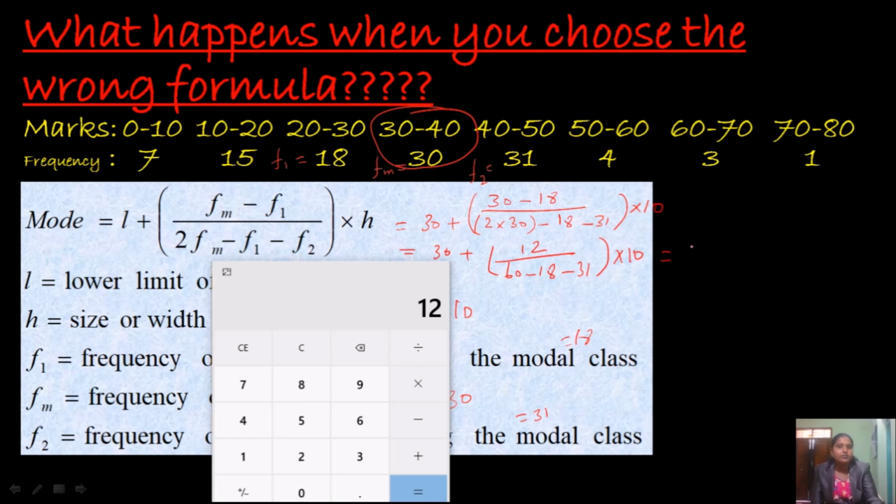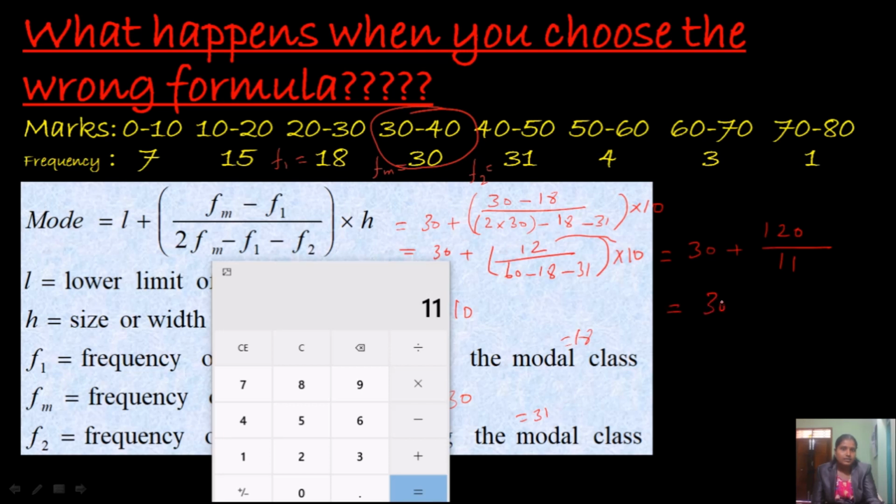That's equal to 30 plus, when you multiply 12 with 10, you have 120, over, when you subtract 60 minus 18 minus 31, you have the total as 11.